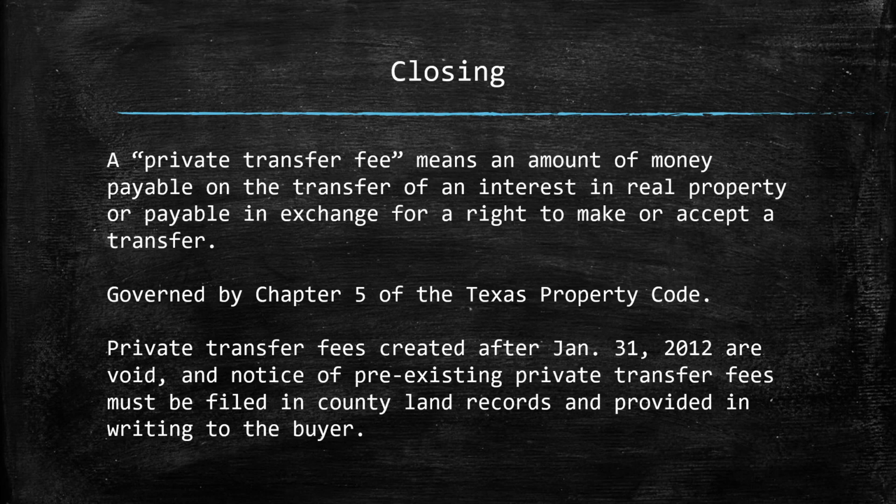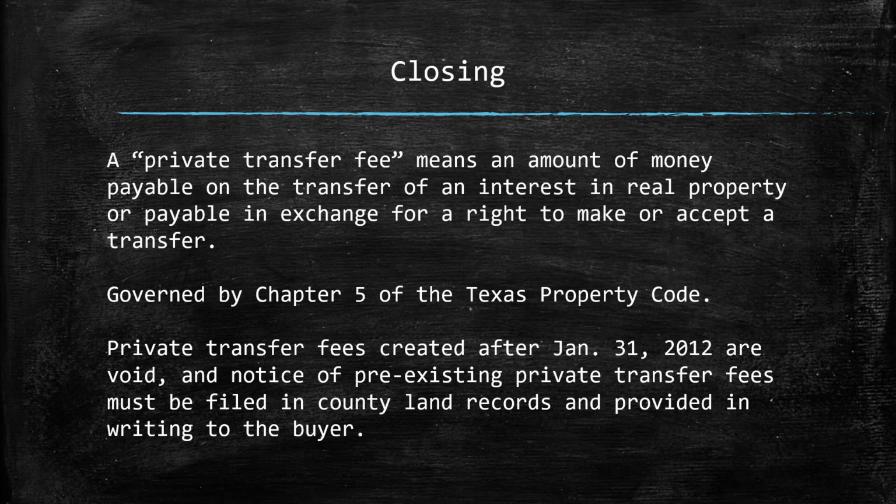It's going to come up in their title search, and if there are these things in a deal that we're working, we'll probably find out about it from the title agent, either in the title commitment, or they may send us a notice saying, hey, are you guys aware there's a private transfer fee that's applicable to this property?